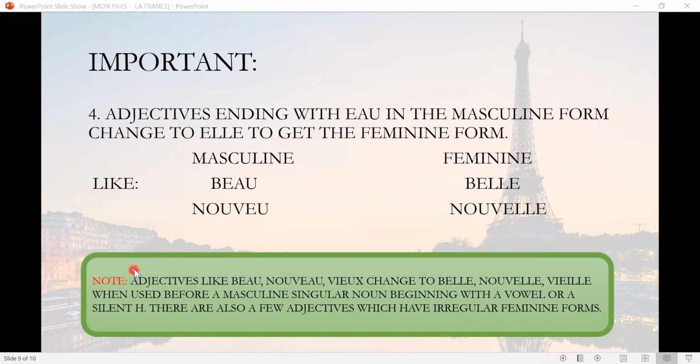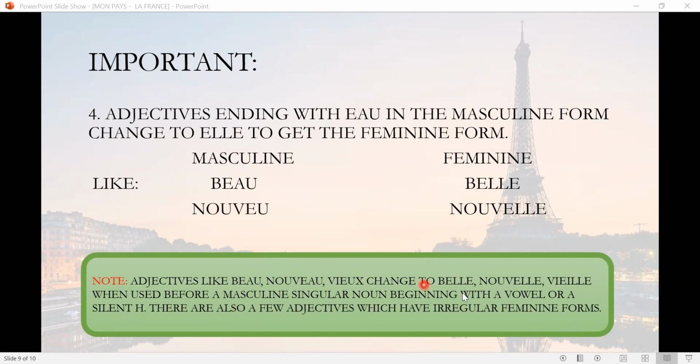The next thing, which is a very important note, or we can see the exception over here, is adjectives like beau, nouveau, we change to bel, nouvel, when used before a masculine singular noun beginning with a vowel or a silent H sound. There are also a few adjectives which have irregular feminine forms. Over this note, the thing that I want to explain is that there are examples given such as beau, nouveau.